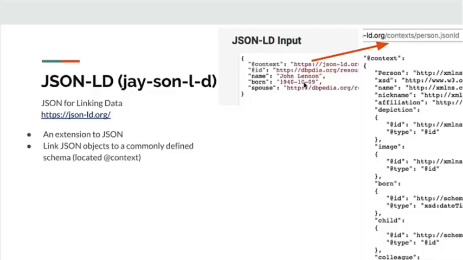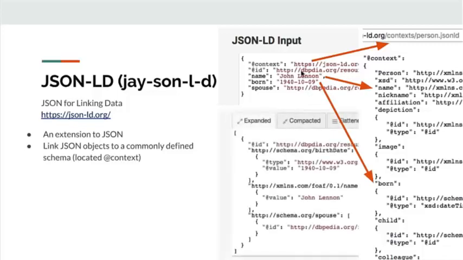So then you have, for instance, this type of JSON context, and then it's pointing to this name, and that name has its own type specified somewhere else. You have the born, which is specified here. It says the type is date time. So it's kind of just a way of linking JSON to their associated types so that you have a very complicated JSON object.